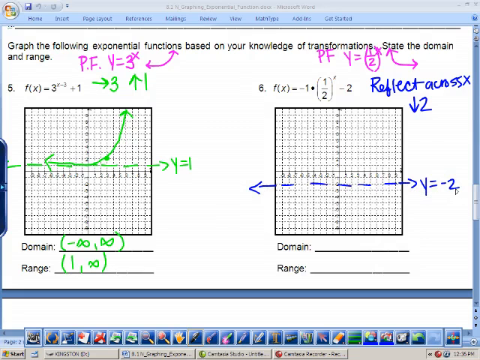All right, take your point (0, 1) and plot that transformation. So we reflect across x and go down 2.